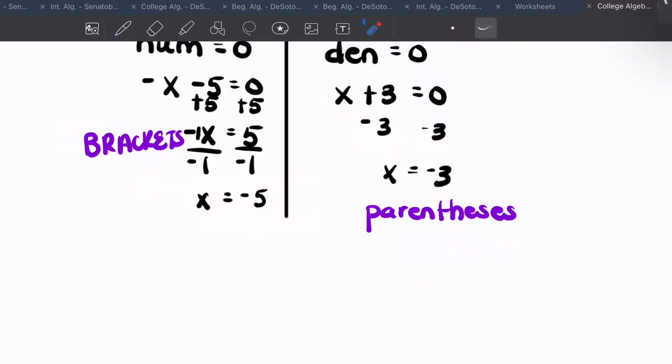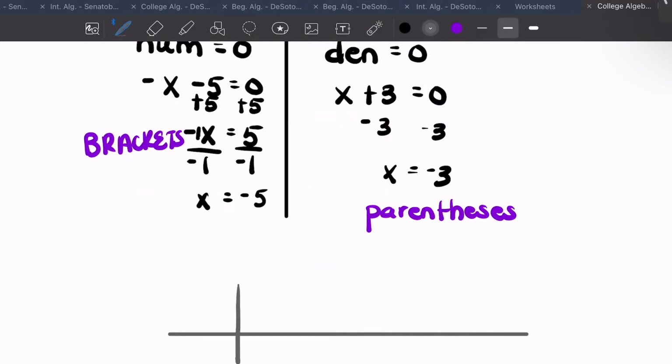All right. So let's throw that on a number line. All right. -5 would be here. -3 would be somewhere right here. Let's make those lines a little bit more even. All right, let's name our intervals.